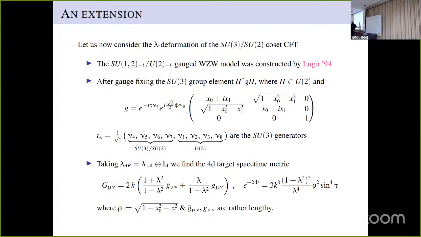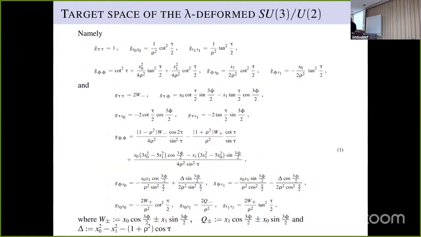At the conformal point lambda equals 0, this is just the corresponding metric of the gauged Wess-Zumino-Witten model. And there is a scalar given by this expression. The rho here is this kind of radius in the plane x0, x1, and the g hat and g are rather lengthy. This is the expression, and I'm flashing them out.